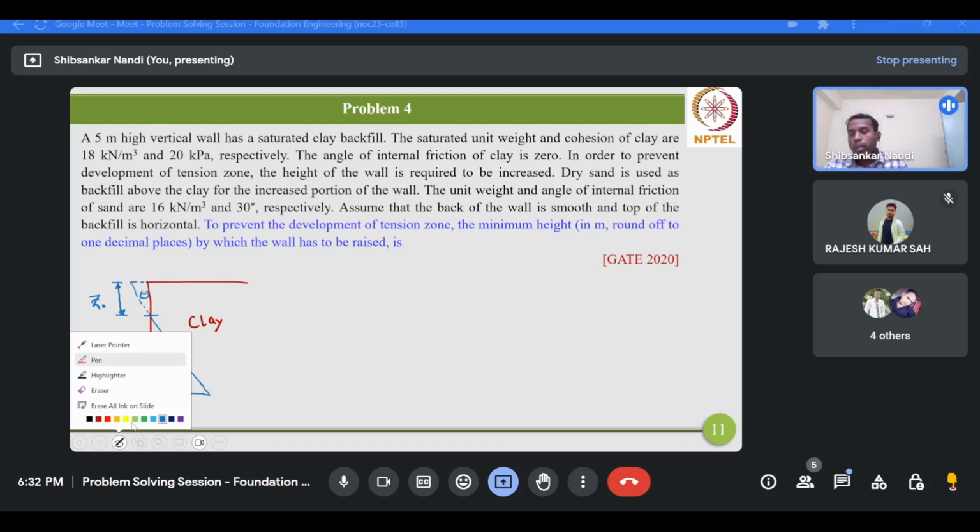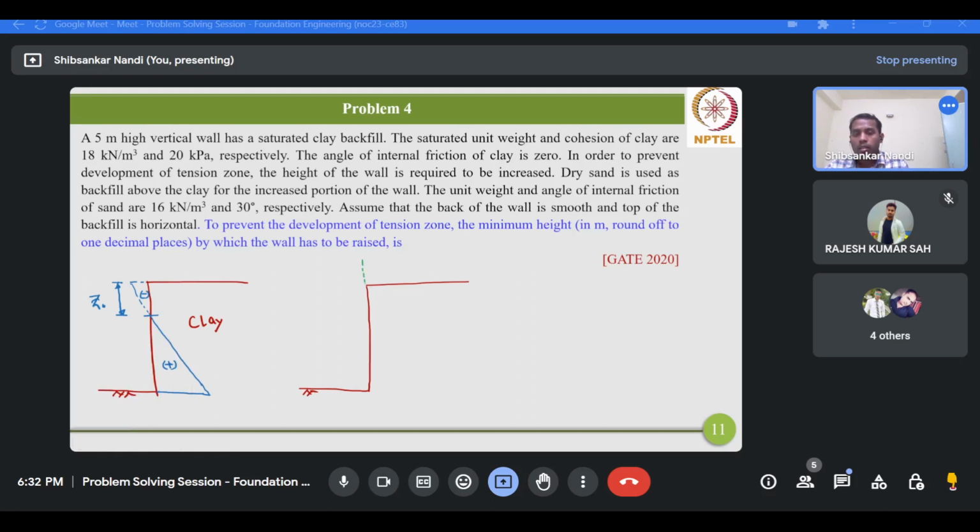Now we don't desire or recommend this kind of pressure at the top of this backfill. Now how we can eradicate this kind of problem or this kind of situation? So one such remedial measure is that we are basically extending or increasing the height of the wall by some amount.